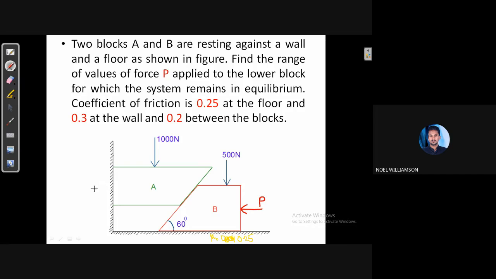That is here mu is 0.3 and 0.2 between the blocks. That is, on this surface mu is equal to 0.2. So here the values of mu are given.